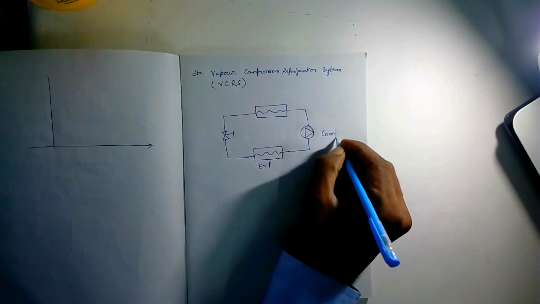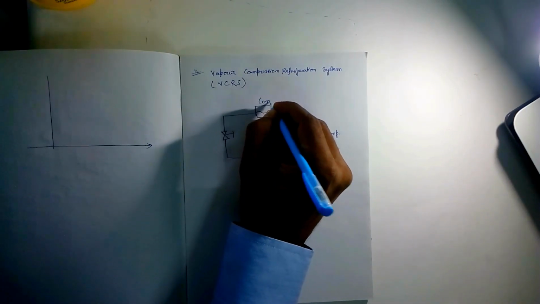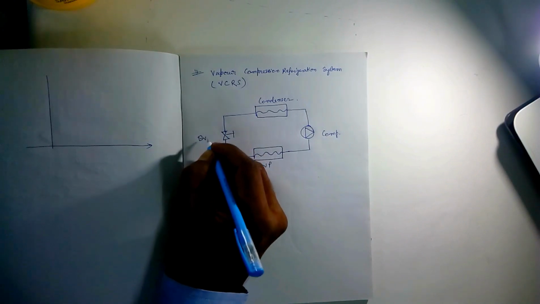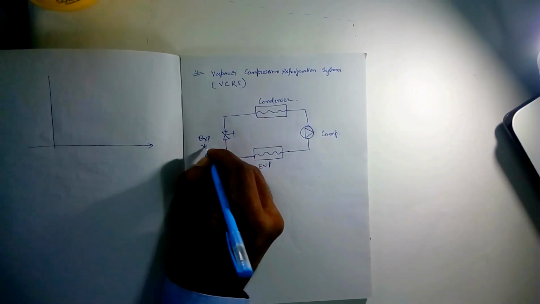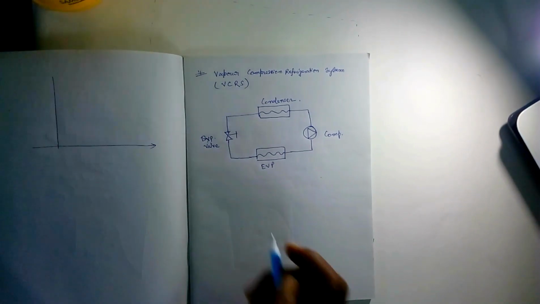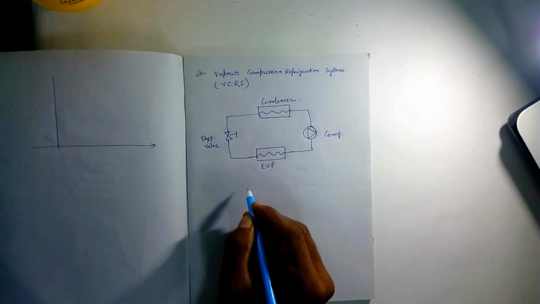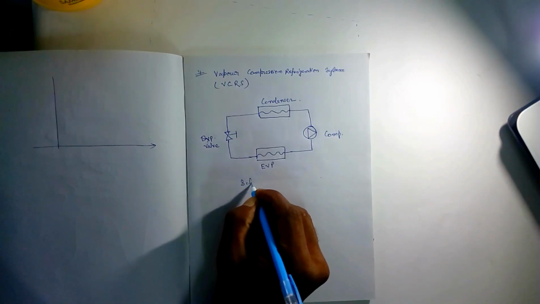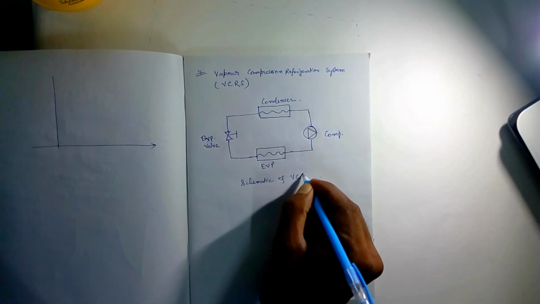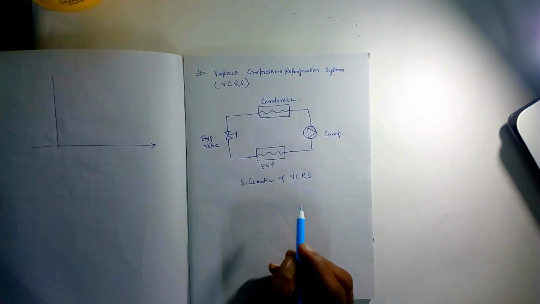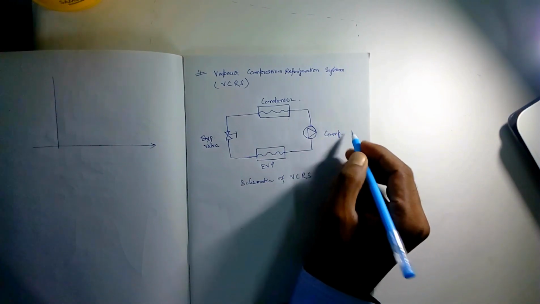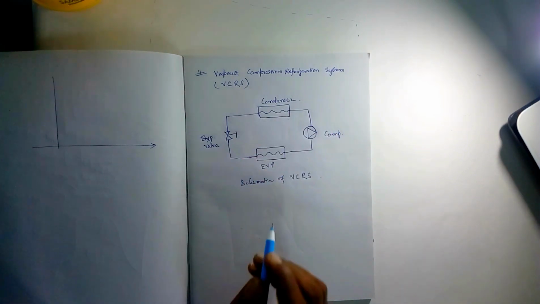This is the schematic of the vapor compression refrigeration cycle. So here is the evaporator, there is the compressor, condenser, and expansion valve.